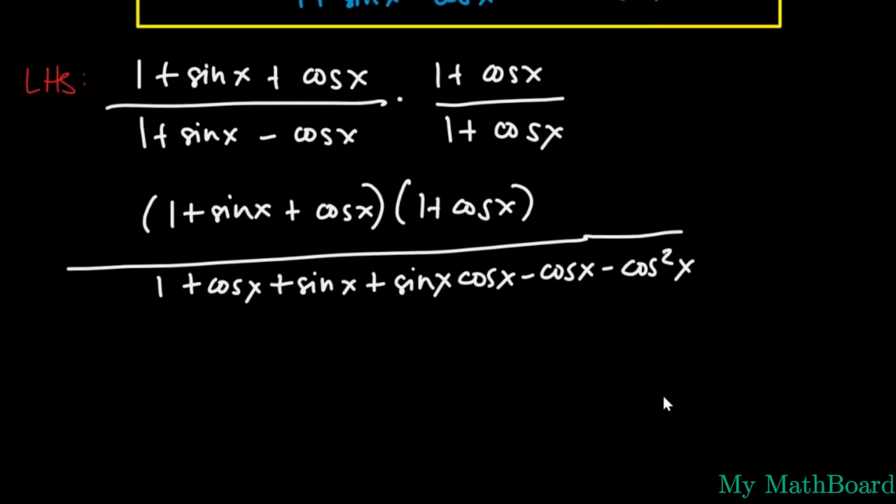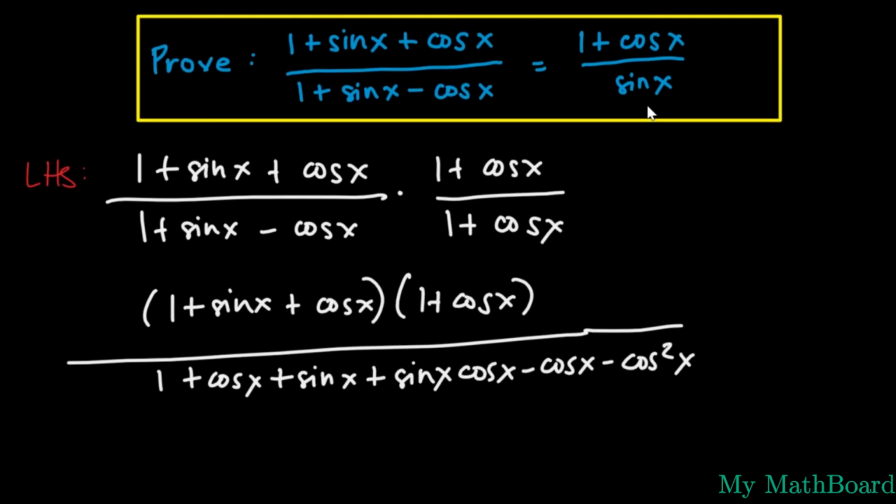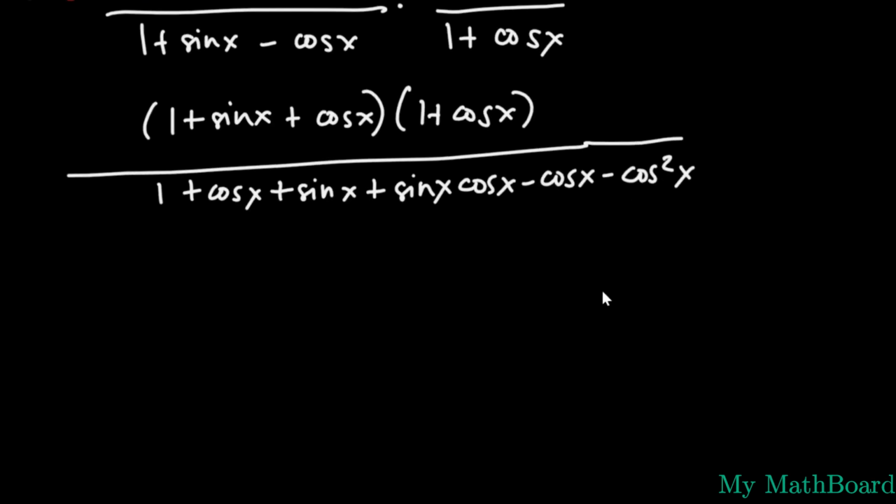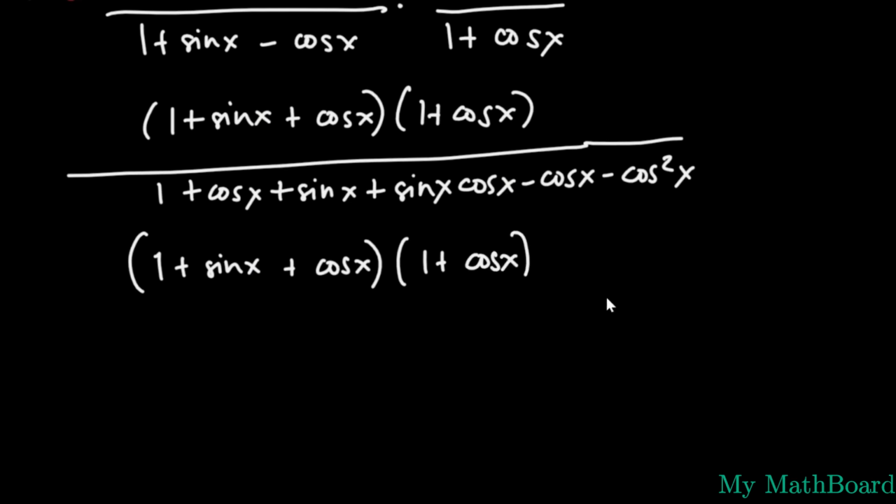So, and then, since ang ating denominator may sin x, so hanap tayo ng paraan para magkaroon ng sin x pa dito sa denominator. So, ang gagawin natin, i-group natin siya. Okay. So, copy the numerator, (1 + sin x + cos x) times (1 + cos x). Okay?